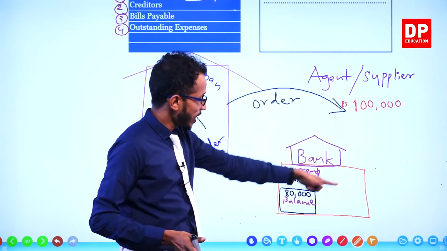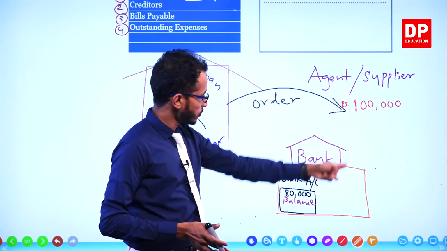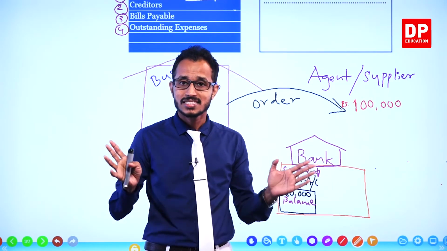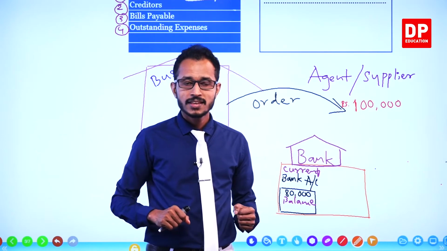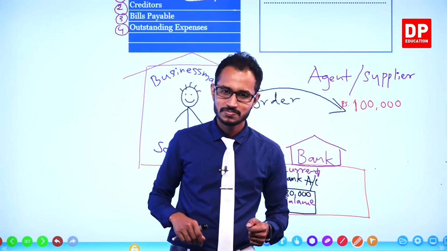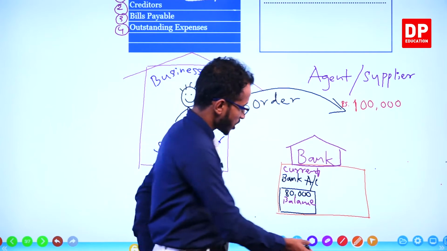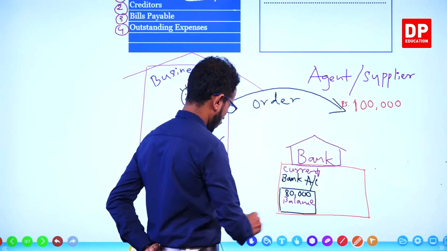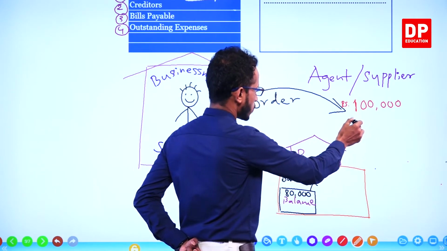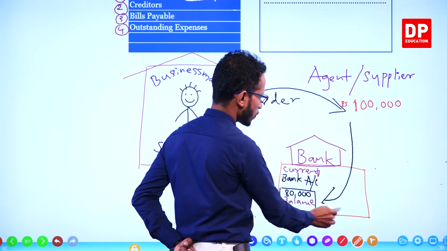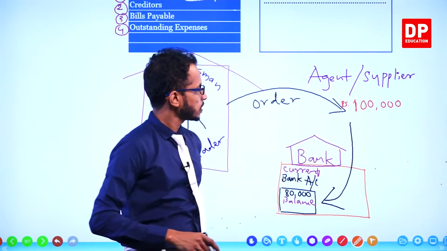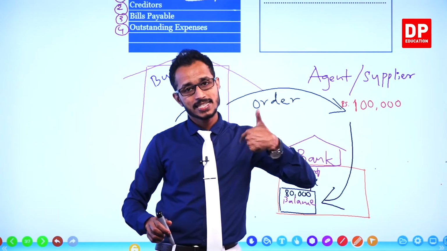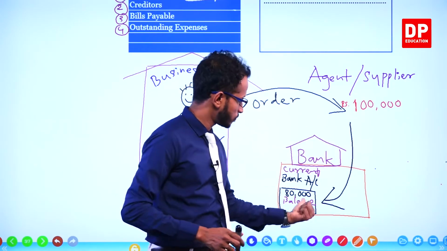Now, how is this guy going to take the 100,000 from the bank when I have only 80,000? That's a problem, right? No, children, that is not a problem. When this check comes to the bank, they check my balance and realize that I have only 80,000.